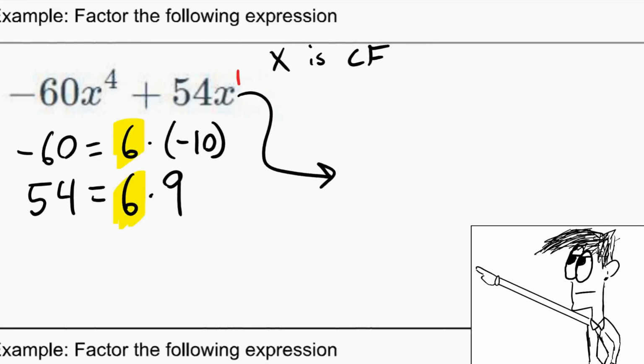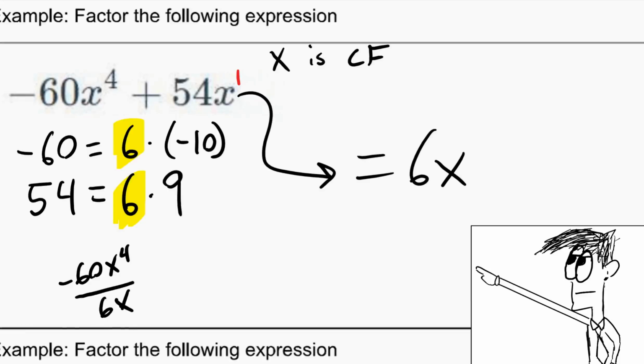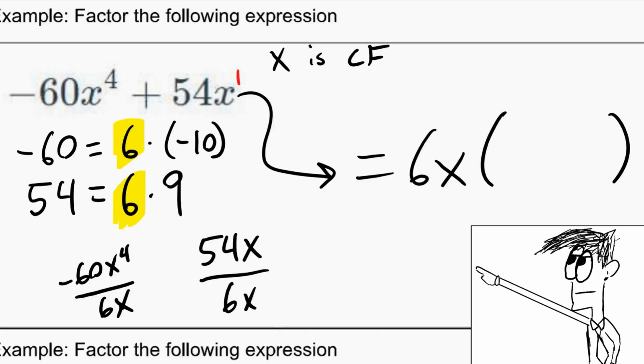This is now equal to 6x, which is my most common factor between these two terms. And what we need to find out is negative 60x to the 4th divided by 6x. And we also need to figure out the second term, 54x divided by 6x. Okay, so negative 60 divided by 6 is just negative 10, and this will get rid of one of my exponents here.